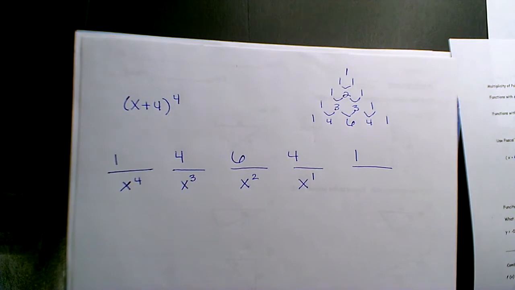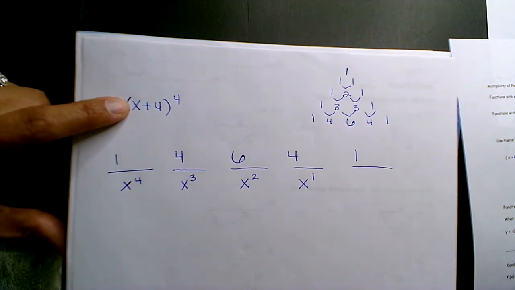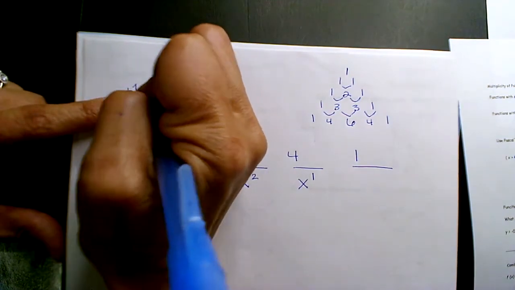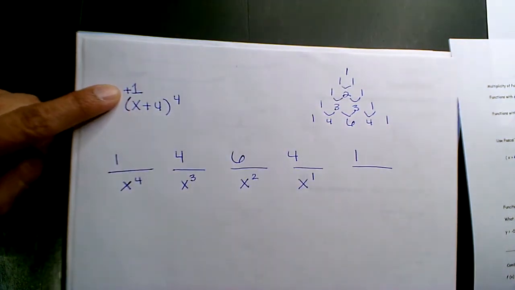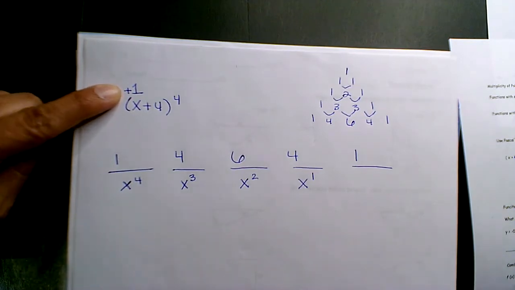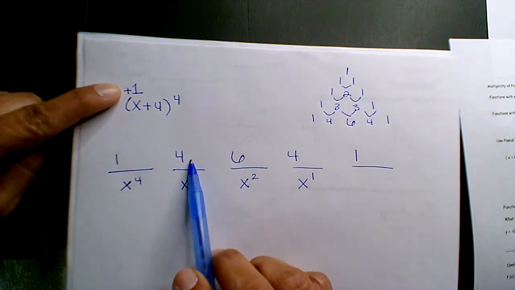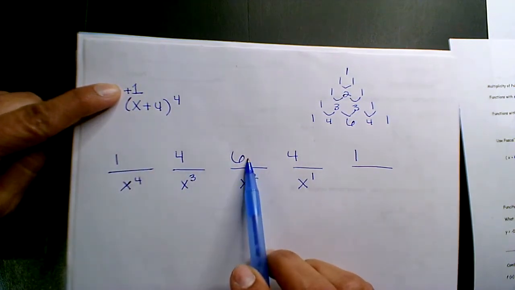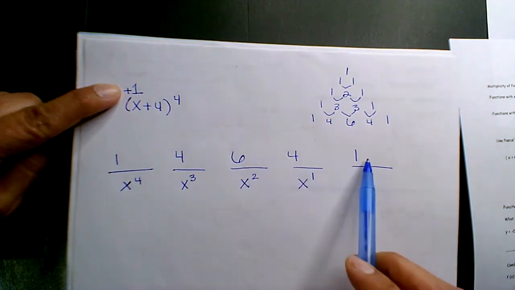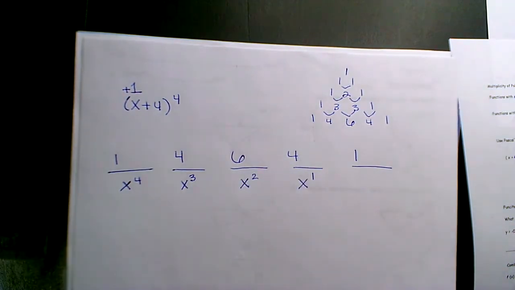Okay, so now I look at my coefficients. The coefficient of the first term is a positive 1. You don't see it, but you should know it. Okay, if you feel comfortable writing it, some of you did, some of you did not. You could write positive 1 to the 4th, positive 1 to the 3, positive 1 to the 2, 1, 0. What do you guys want? Do you want me to write it?